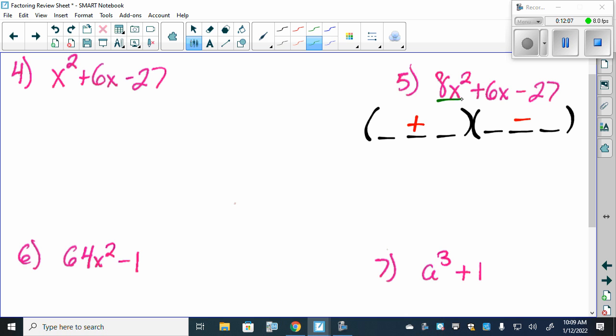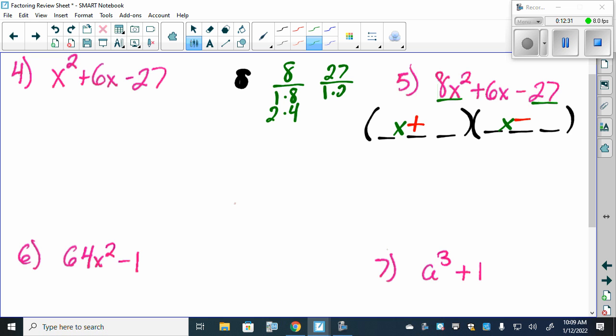So now we need to look at the factors of 8x squared and 27. Well, the factors of 8x squared will have x and x. Now the factors of 8 are 1 and 8 or 2 and 4.